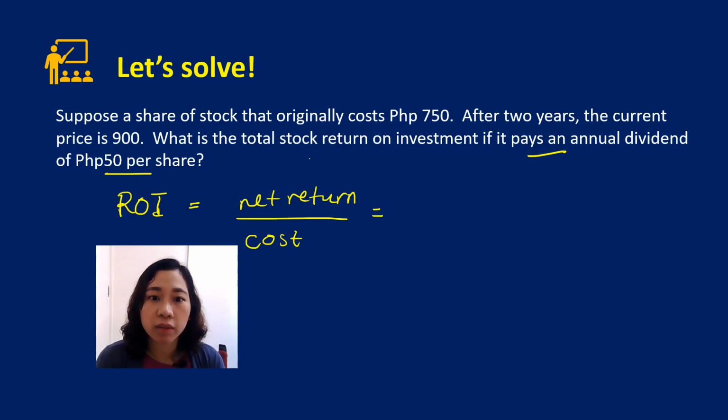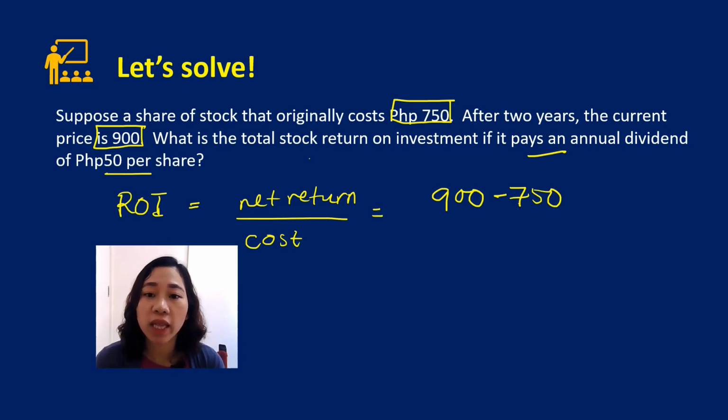So first, you bought it for 750 pesos, but now you were able to sell it for 900 pesos. So there you have a return of 900 minus 750. But what else? You have a dividend of 50 pesos annual. That's annual dividend.